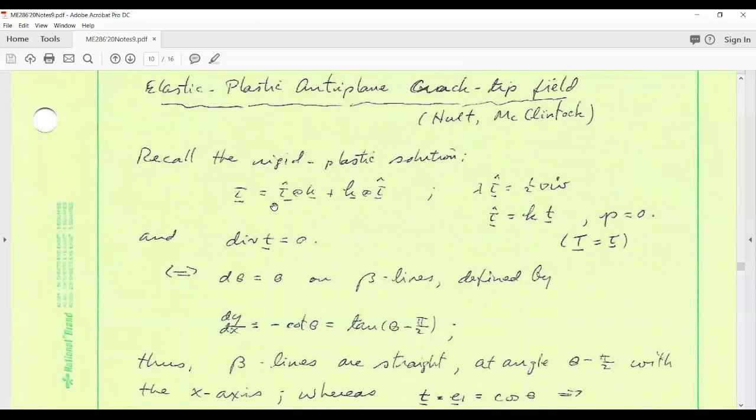We had the solution of this form, that the deviatoric stress tensor looked like this: a tau hat vector tensor product k plus k tensor product tau hat. K, of course, is the unit vector pointing out of the screen. And the flow rule told us then that this lambda tau hat, you can think of this as a vector consisting of T_31 and T_32, the transverse shear stresses.